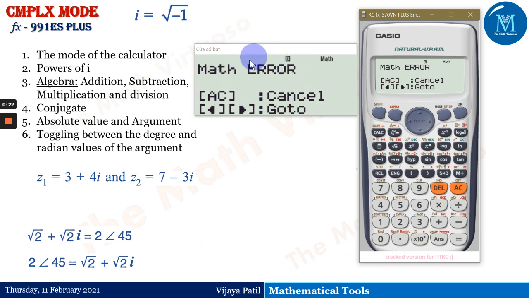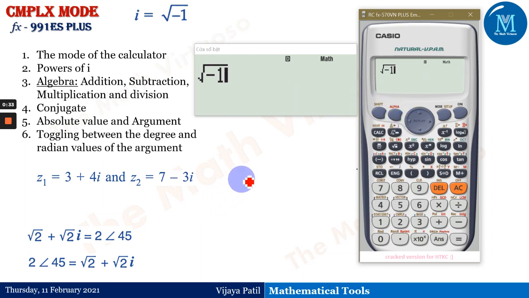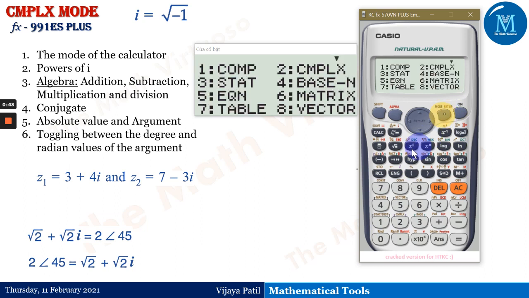That means there is something wrong in our entry in the function, or something fishy in the calculations. So let us go back to this equation. Now let us put AC and go to the mode.